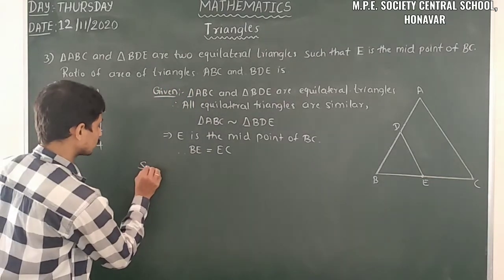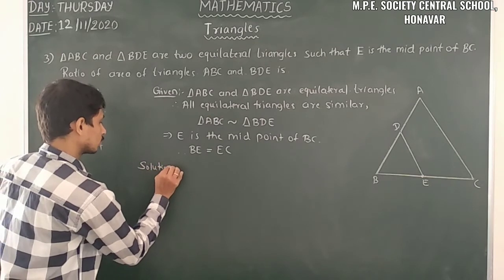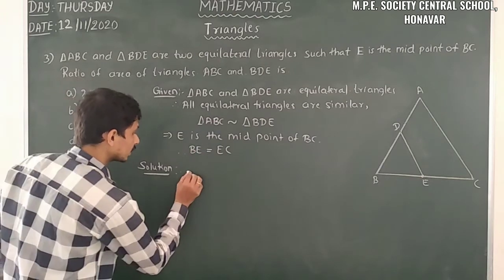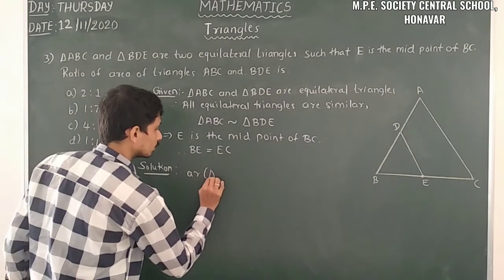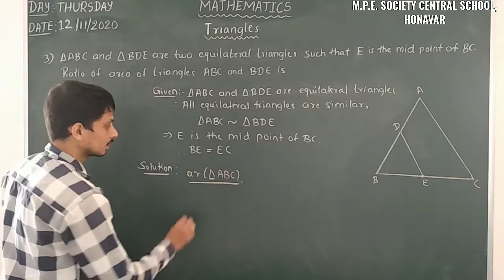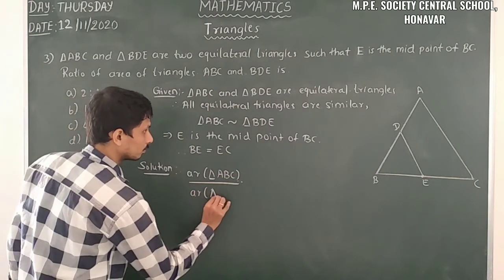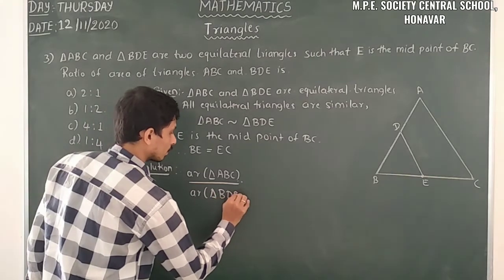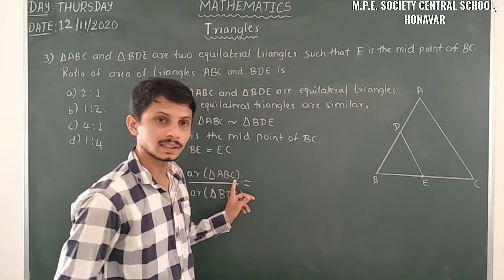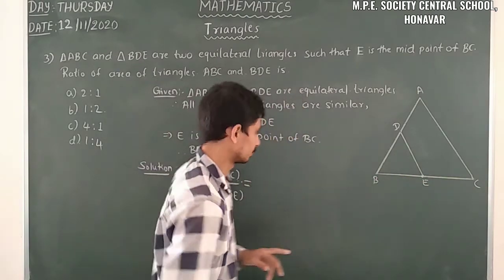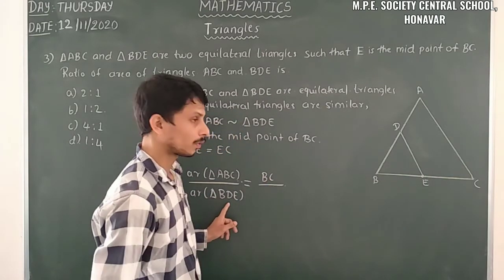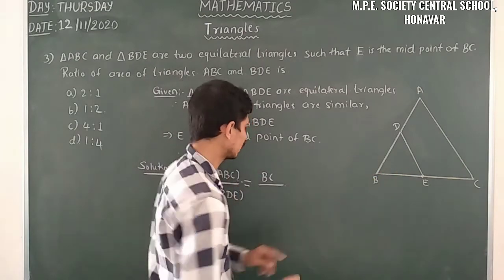So let's take the solution. Those two triangles are similar, which means area of triangle ABC divided by area of triangle BDE is equal to, for ABC I will take BC, divided by, for triangle BDE I will take BE.